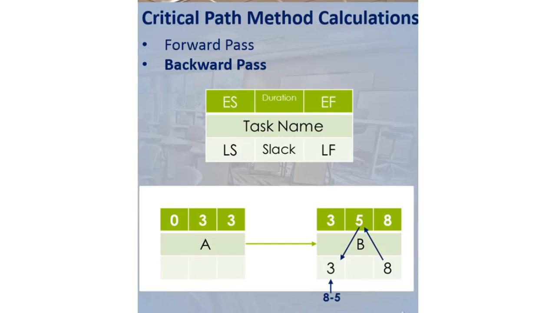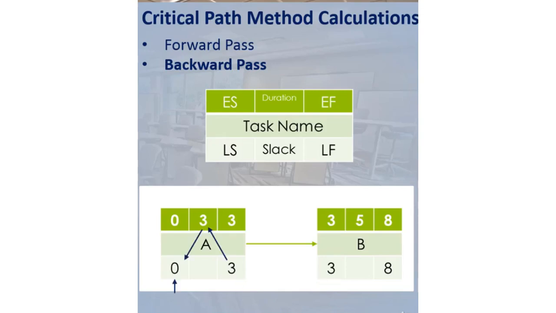Then, we subtract the duration from this value and write the result to the bottom left. If we subtract 5 from 8, we will have 3, which is the LS value of B. Then, we are writing this value to the empty area on the right side of task A. Thus, the LF value of A is calculated to be 3.